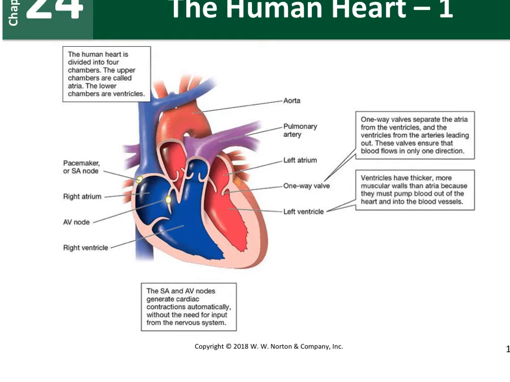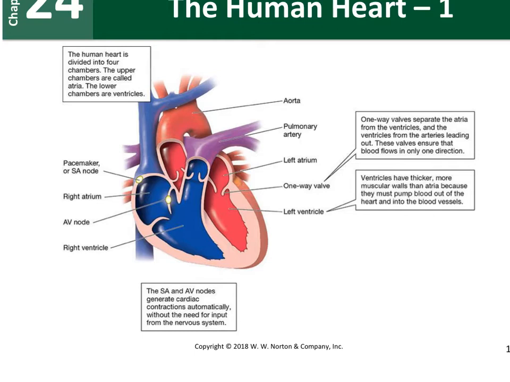The left ventricle pumps to the rest of the body. That's part of the systemic circuit. The right ventricle pumps to the lungs. The left atrium receives oxygenated blood from the lungs and then pumps it into the left ventricle.